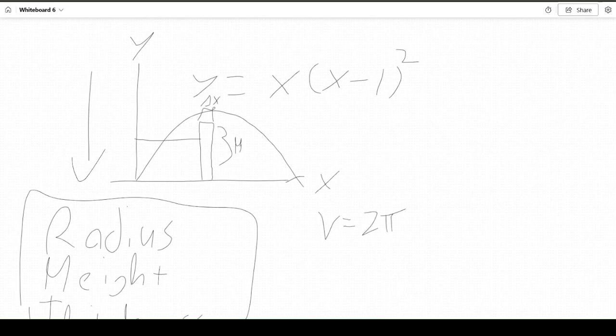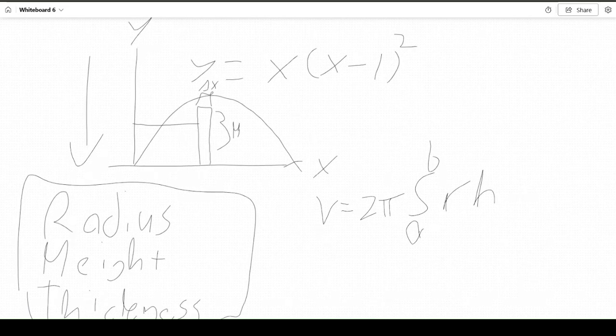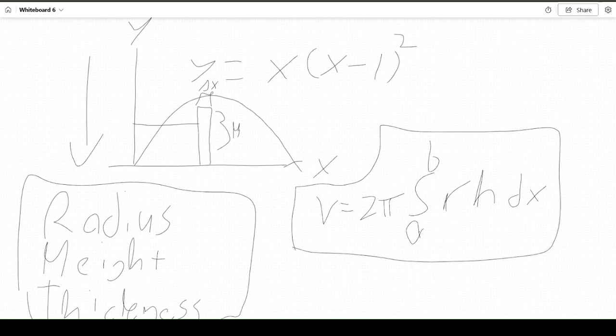V, or volume, equals 2 pi from the endpoints A to B, the radius times the height, and the thickness. It could be delta x or delta y, but in reality, it's just dx or dy, depending on what it's asking. So this equation is what you need to know.